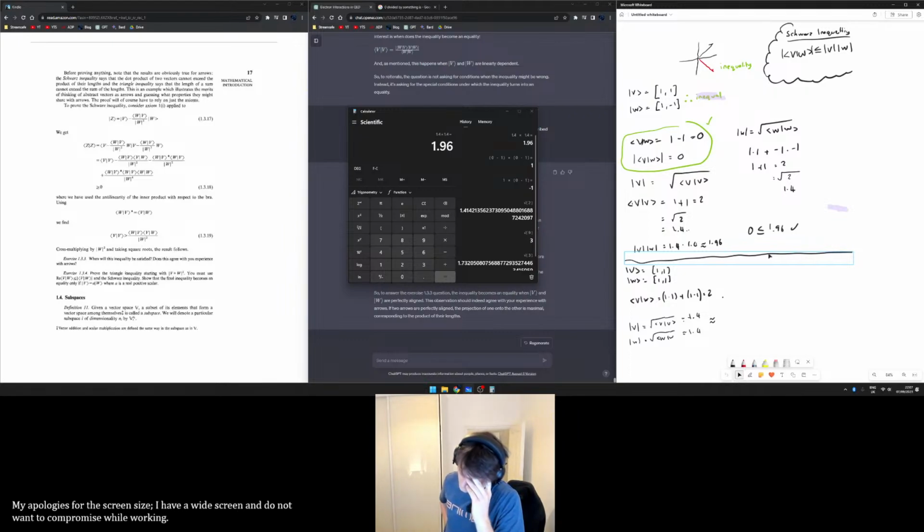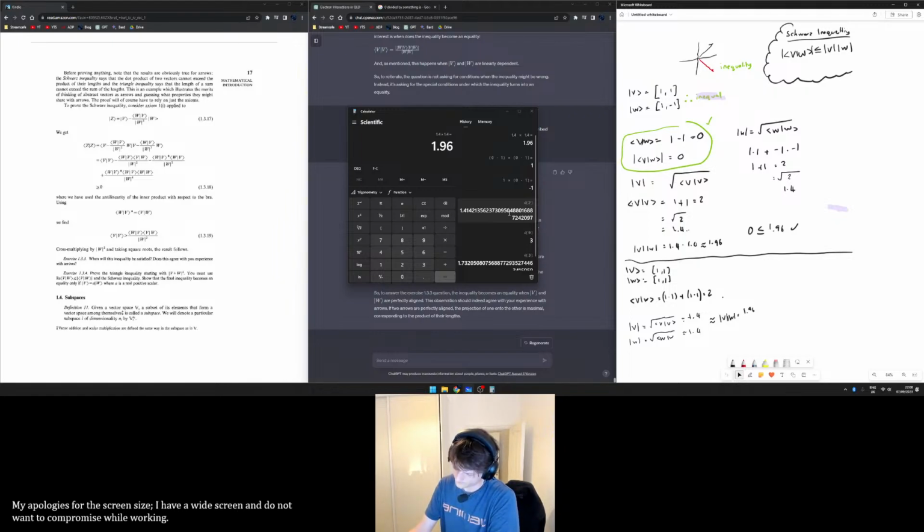That's interesting, isn't it? Because we end up with 2 for the inner product. Square root it, you get 1.4. And so that's roughly 1.96, which doesn't equal 2.